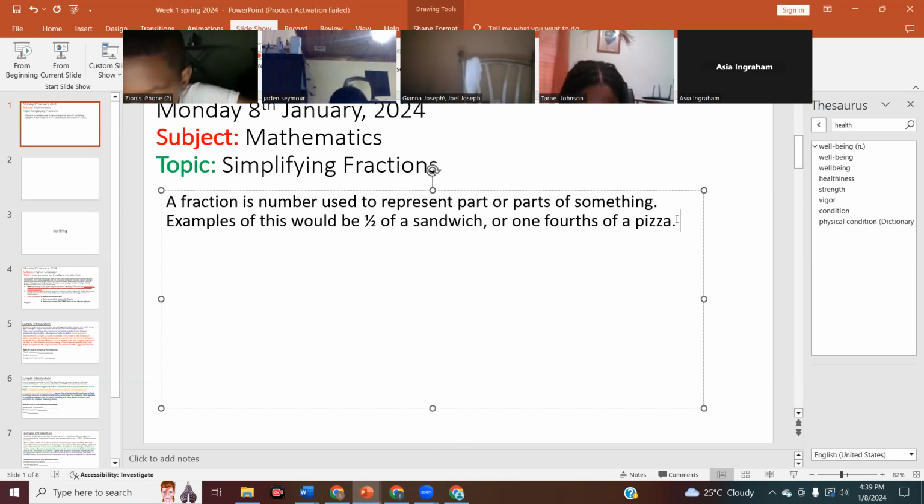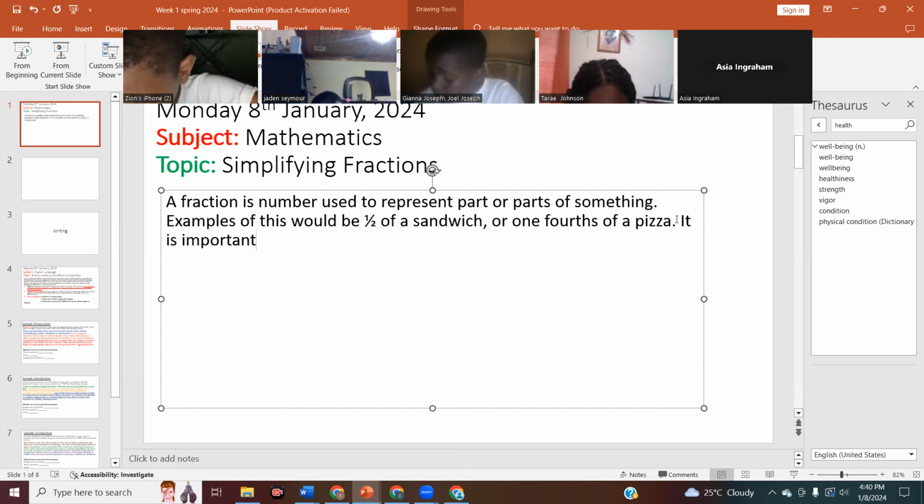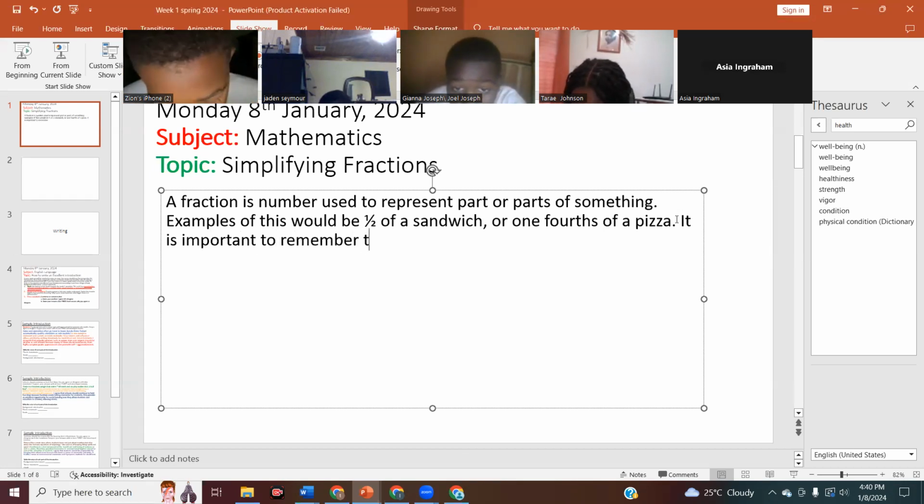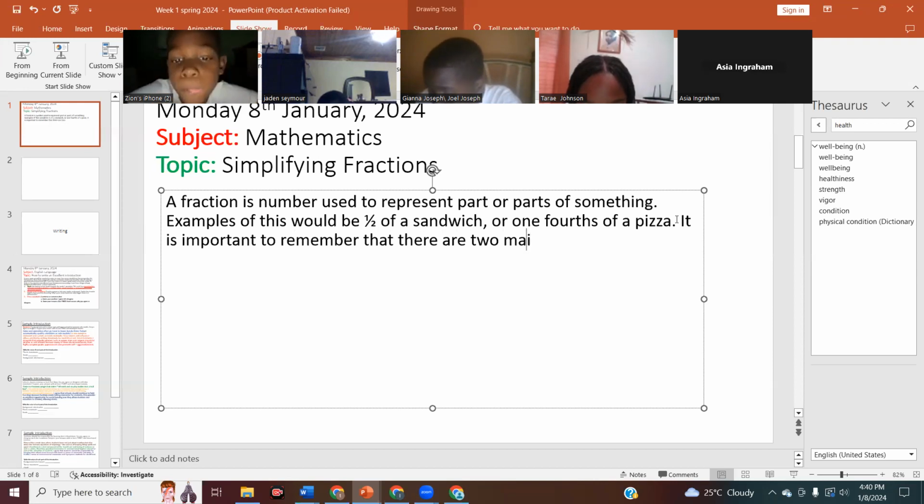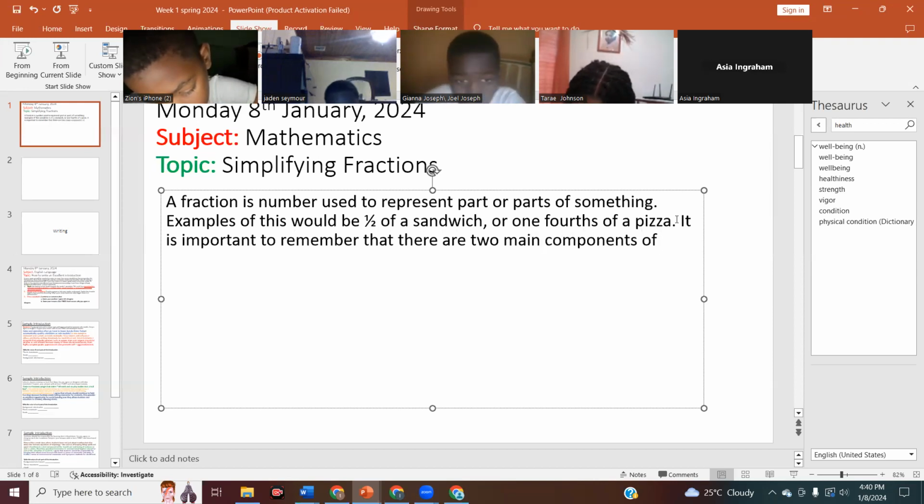All right, so moving right along. It is important to remember that there are two main components of a fraction.